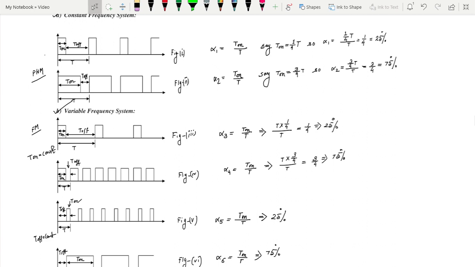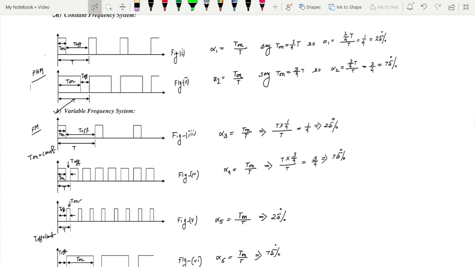But in case of variable frequency, when we are increasing the frequency, that will affect the output.